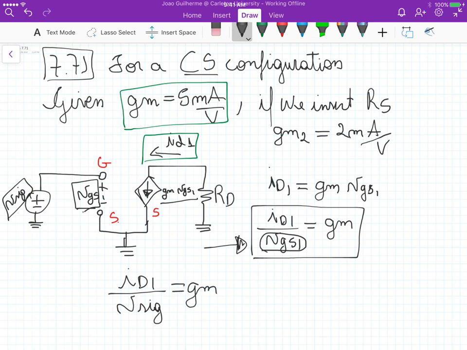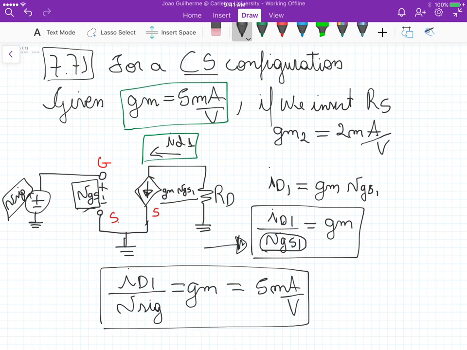And that's our first transconductance, which is 5 milliamperes per volt. That's our first analysis.